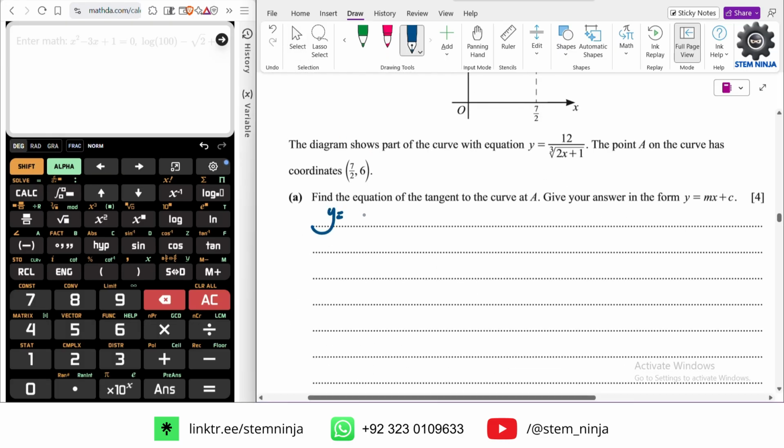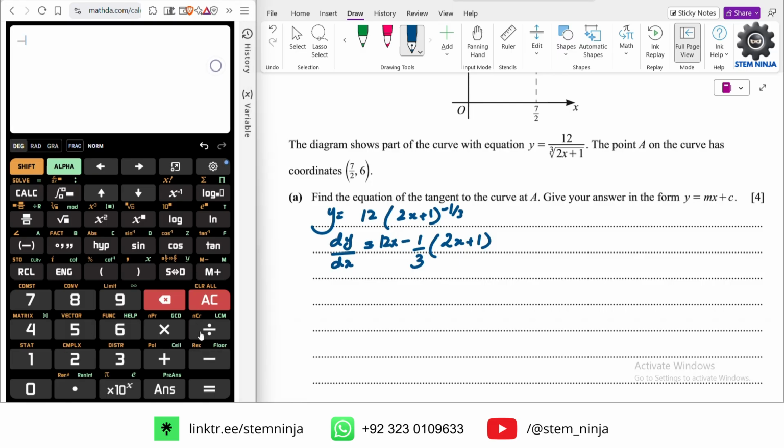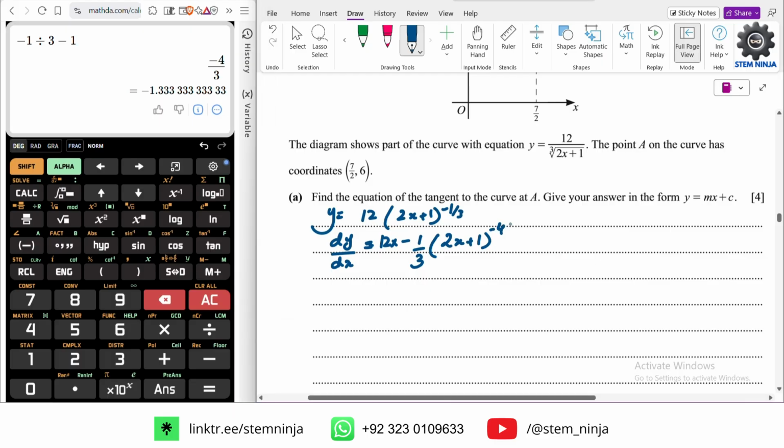So y is 12 (2x plus 1) to the power minus 1 over 3. So for dy by dx, we will have to use the chain rule also. First off, we bring the power down: 12 times minus 1 over 3 times (2x plus 1) to the power of minus 1 over 3 minus 1, which is minus 4 over 3, times the derivative of 2x plus 1, which is 2.